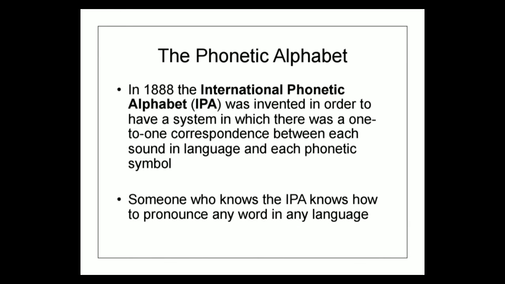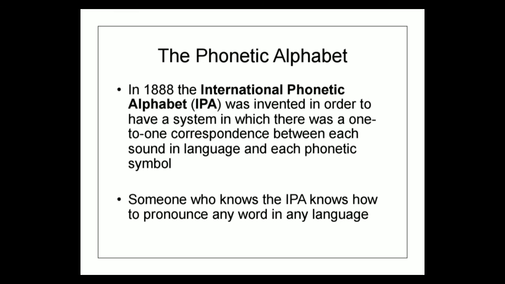The phonetic alphabet. In 1888, the International Phonetic Alphabet, shortly called IPA, was invented in order to have a system in which there was a one-to-one correspondence between each sound in a language and each phonetic symbol.